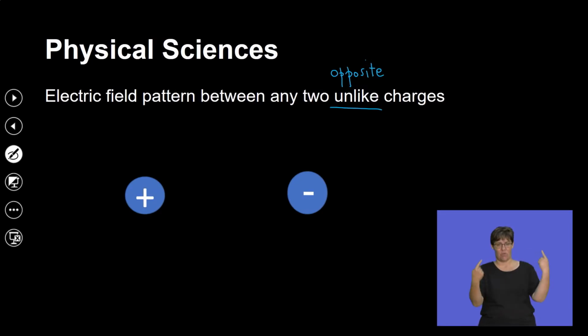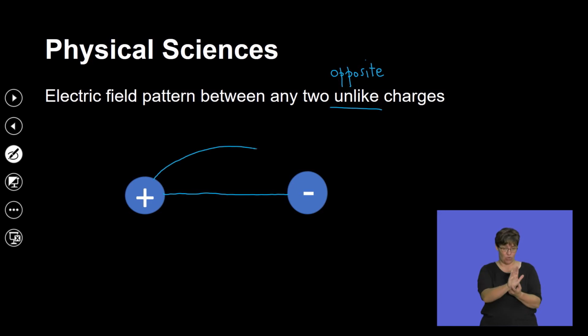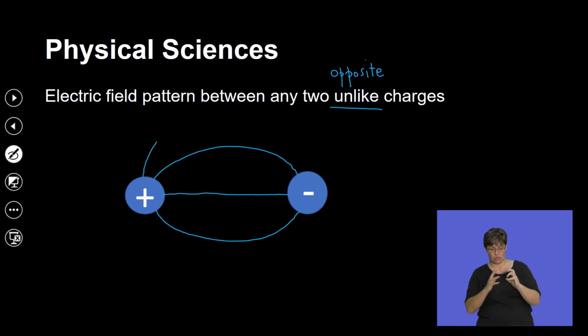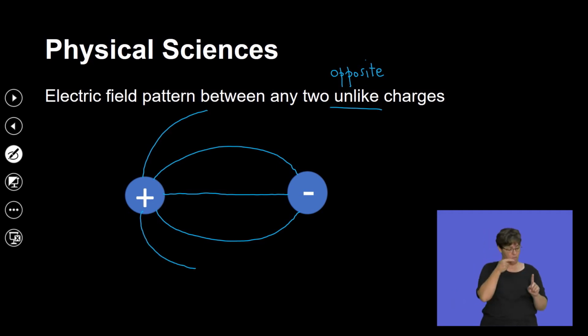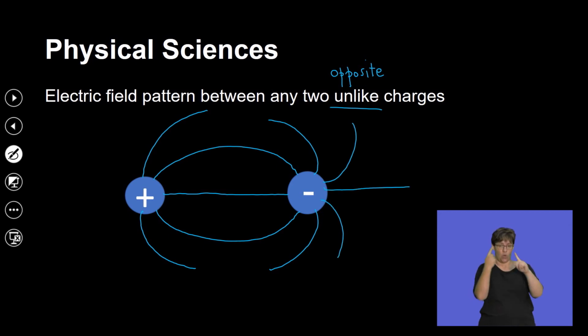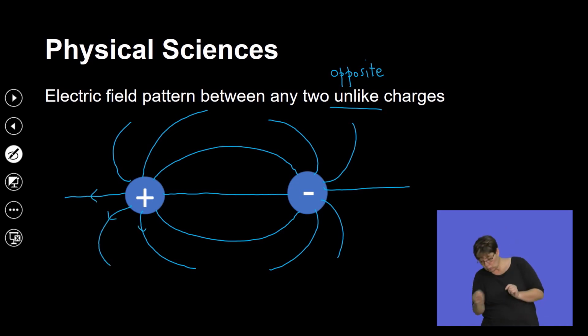So now, if we were to use the electric field lines once more, there is a force of attraction between them, okay? The direction is from positive to negative, right? Remember the properties, the lines must not cross, and the direction is from positive to negative, right? Away from the positive, we're still maintaining that, right?